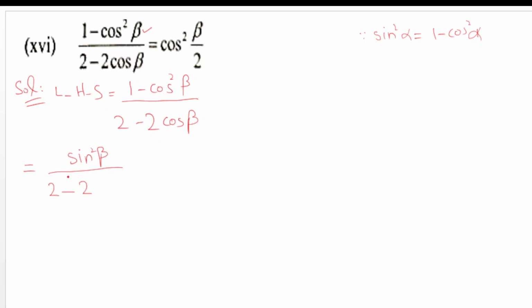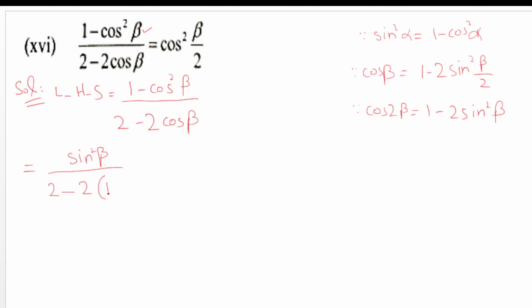Cos beta will be equal to, let me write here, cos beta will be equal to 1 minus 2 sine square beta by 2. How does this come? So basically the original formula is cos 2 beta equals 1 minus 2 sine square beta, like this.